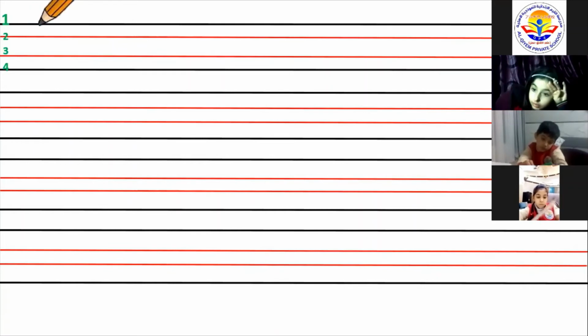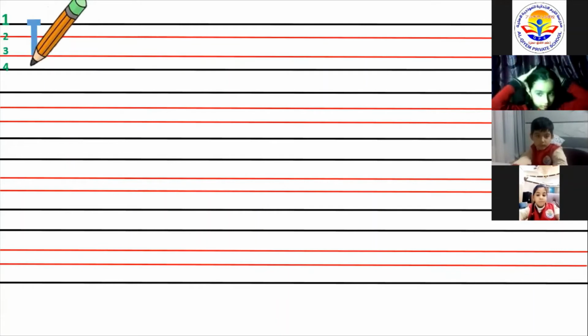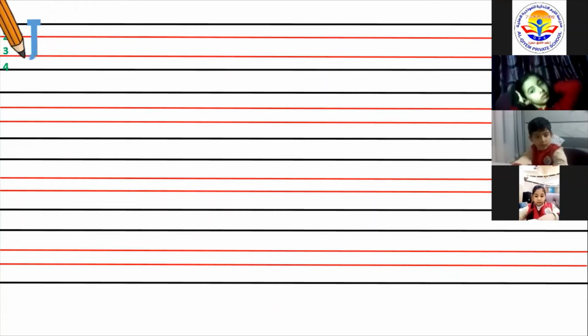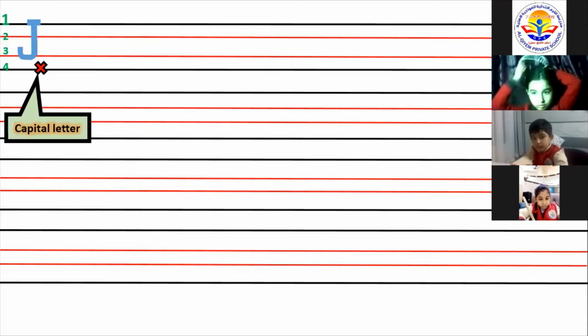And then go down and draw a straight vertical line from the first line to the third line. Then bend it from the end, without reaching the fourth line. This is the capital letter J.